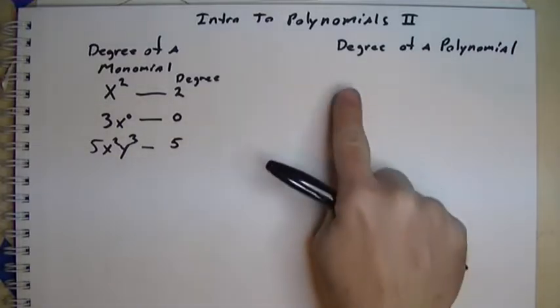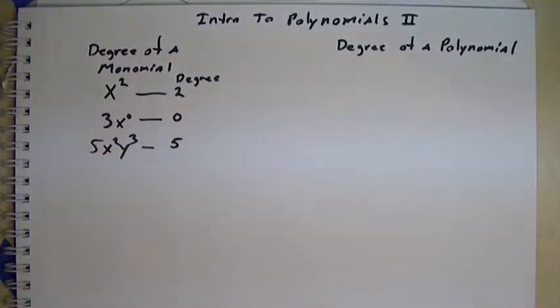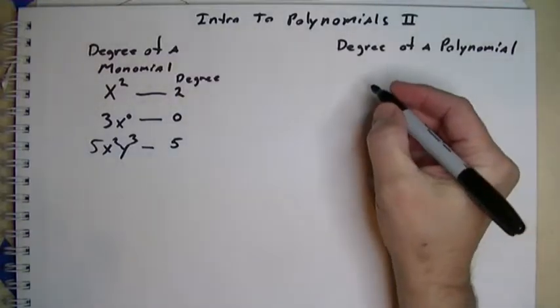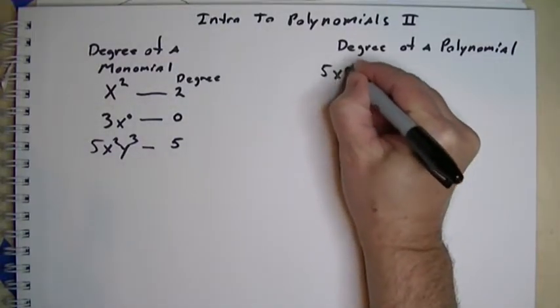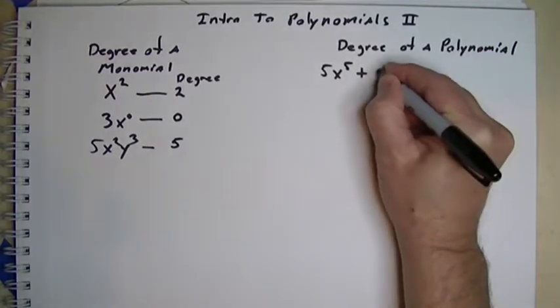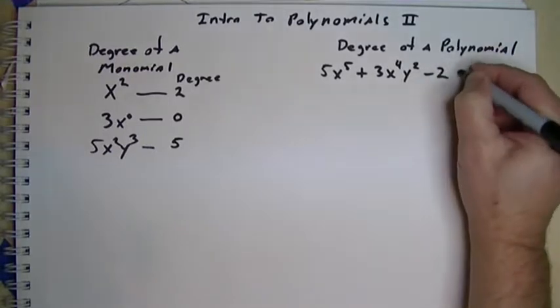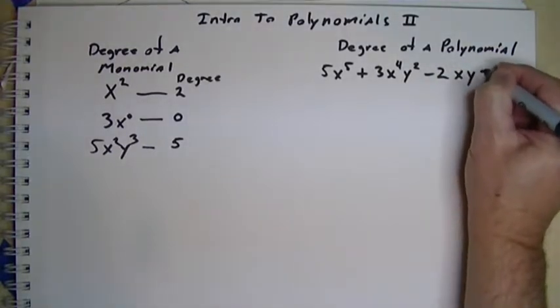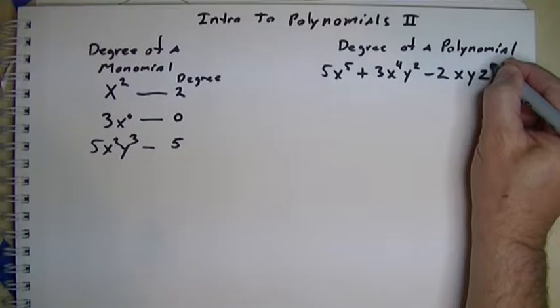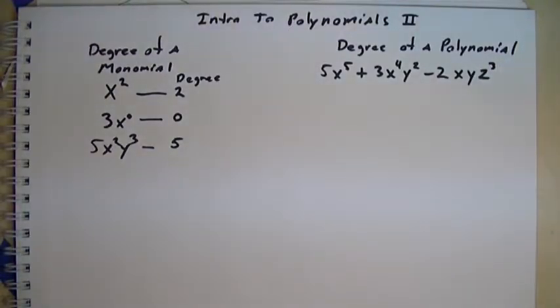Now let's look at a polynomial. So with a polynomial, you simply look at the degree of each of the terms in the polynomial and you pick the largest one. Okay, so let's start off with maybe a complex example. Okay, just kind of made that up.